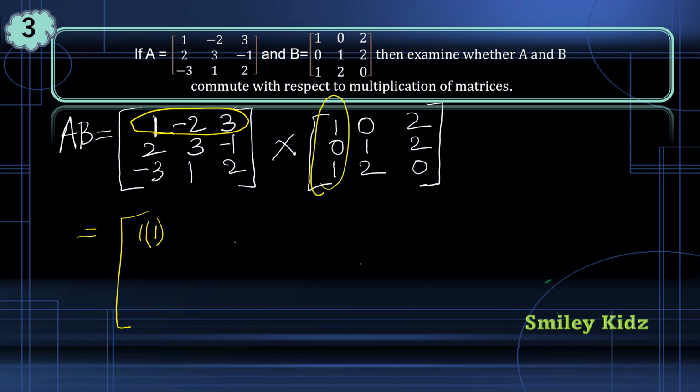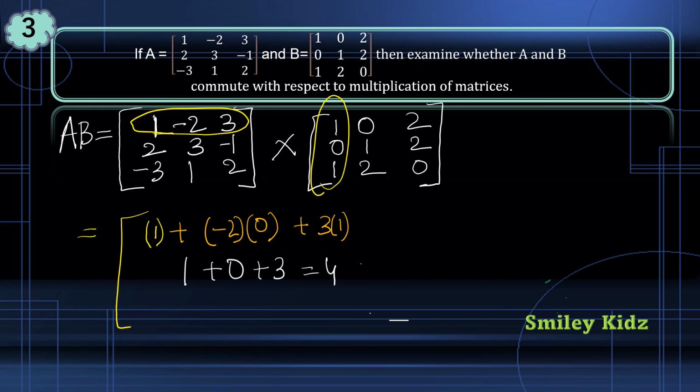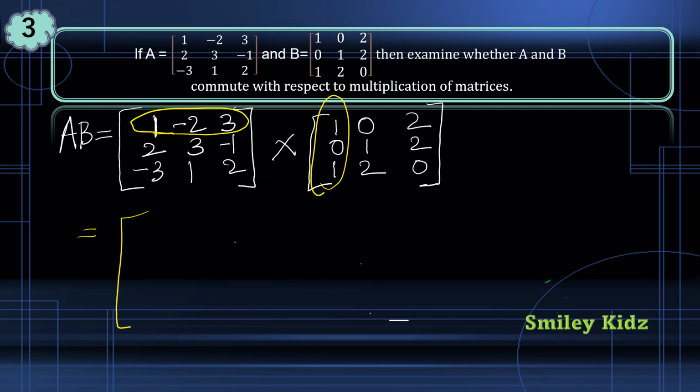So 1 into 1 plus minus 2 into 0 plus 3 into 1. What will this be equal to? Here we have 1 plus 0 plus 3, that is 4. So instead of writing all this, I am putting 4 over here.